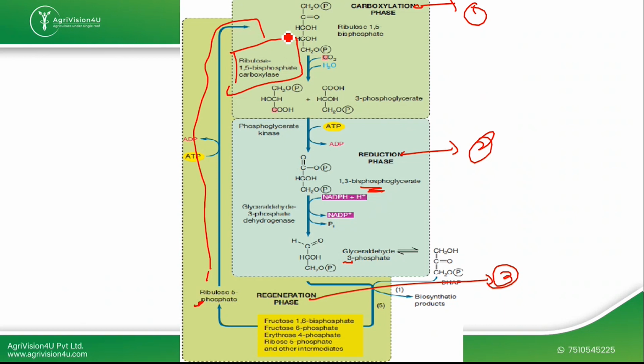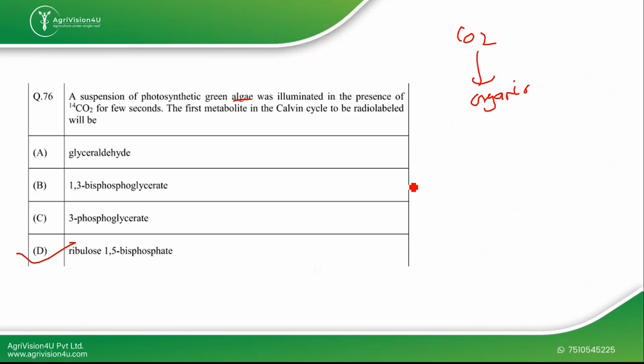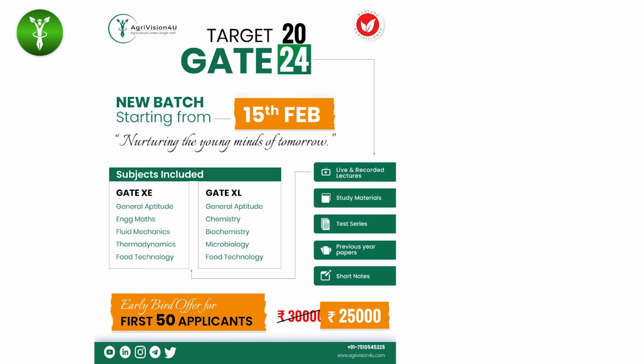Here you can check how ATP is consumed and converted to ADP, and how NADPH plus H plus is converted to NADP. So energy is utilized for the reaction, and the first metabolite is ribulose 1,5 bisphosphate. So the correct option is option D.